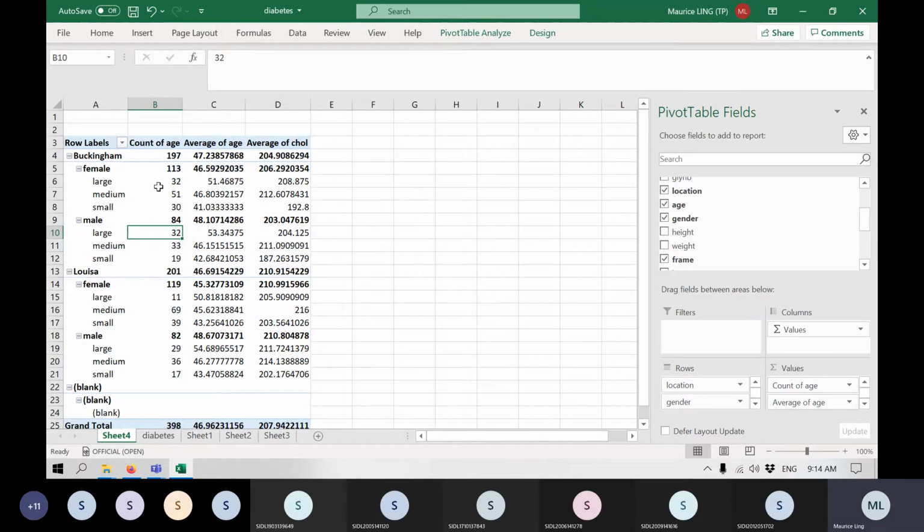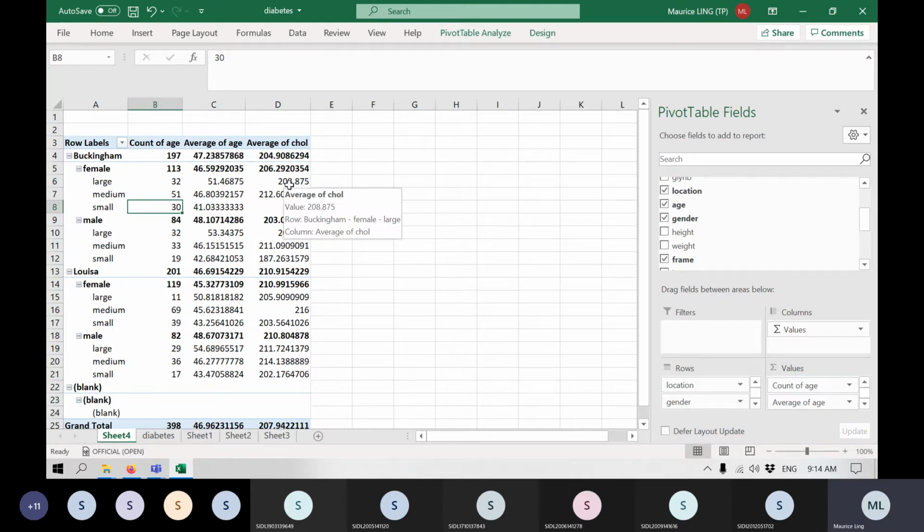So that gives you a number, the count. Basically, in Buckingham I have 32 females with large body frame, 51 with medium body frame, and 30 with small body frame. Altogether in Buckingham there are actually 113 females in my data set, and so on. And their average age is this, their average cholesterol is this, and so on.